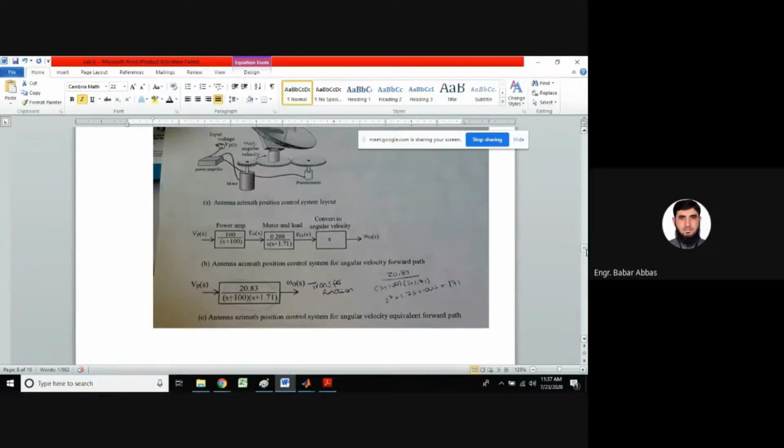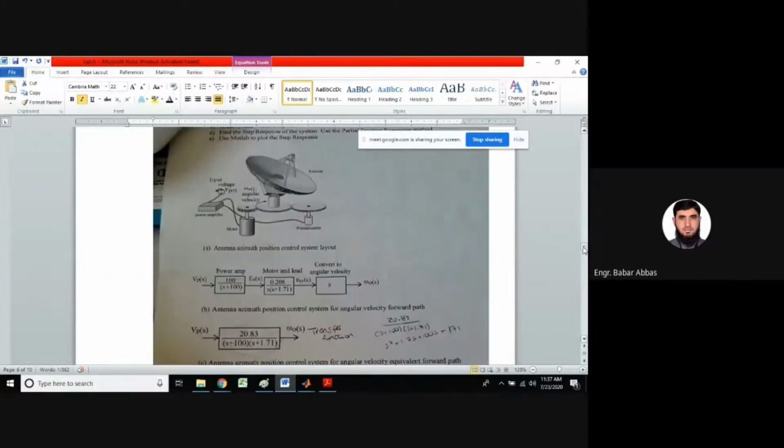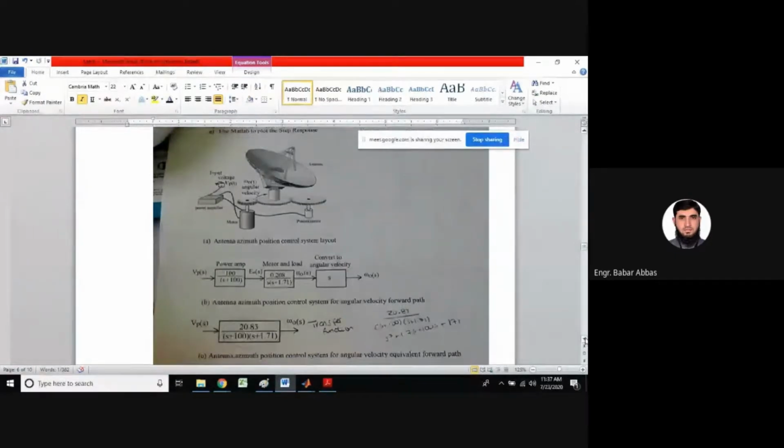So this is the antenna position. Antenna azimuth control is an example of a position control system. You are controlling the azimuth position of the antenna direction. You have two potentiometers, the input potentiometer and the output potentiometer, and their values are summed at the summer, and the error signal is generated.